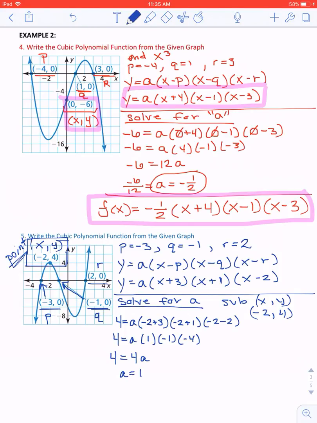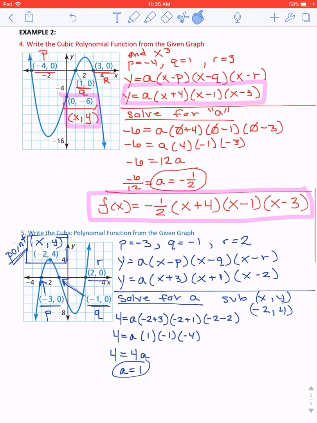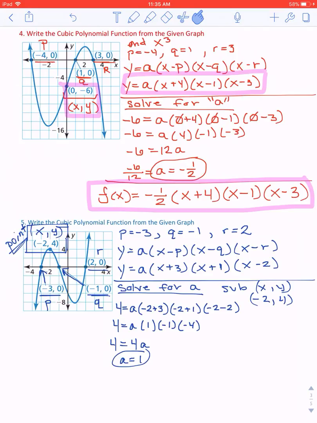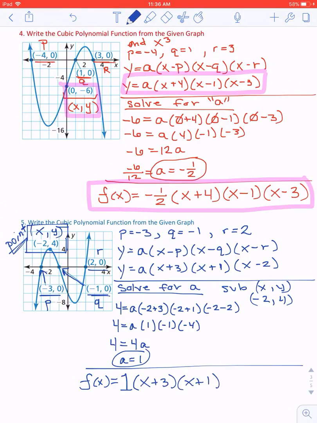So was there stretch or shrink? No, but did you know that from the graph? No. So we have to do that to check every time just in case. So how do you write this function? You can put your 1, but you don't have to. X plus 3, X plus 1, X minus 2.